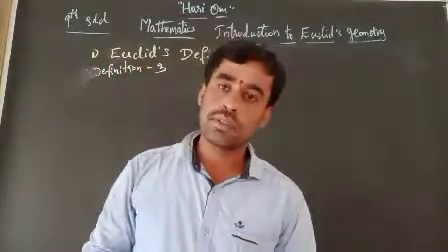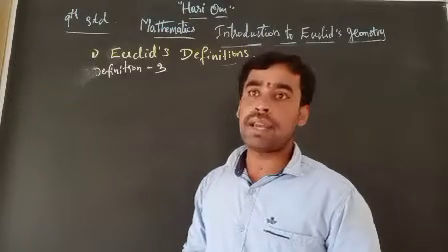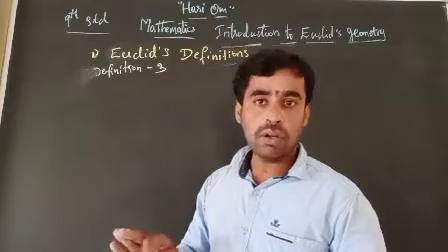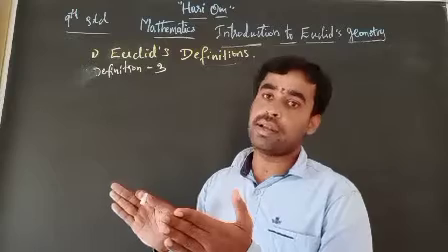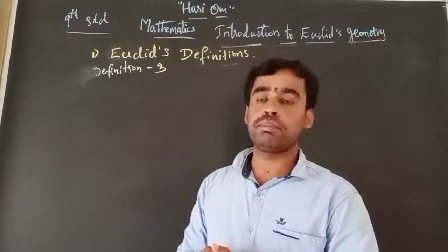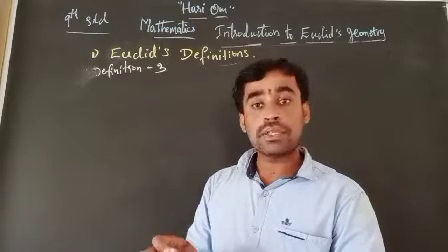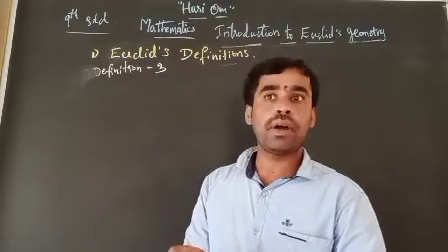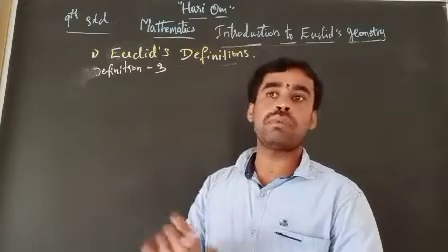Dear students, definition number 3 says: the ends of a line are points. If we draw a line, the end on either side is only a point. We know that a line is nothing but a union of a collection of infinite number of points put together, which forms a line.